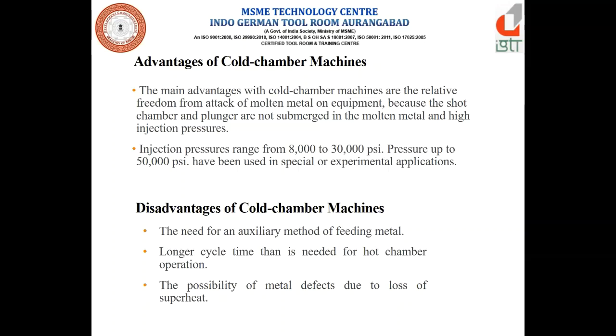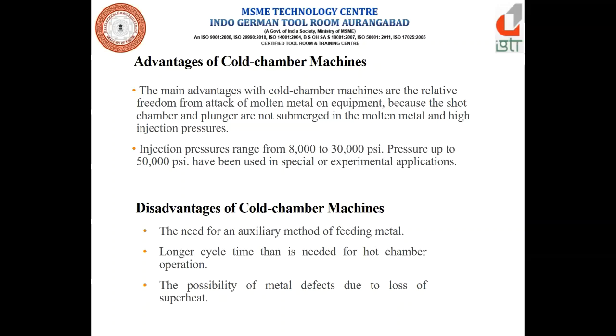The disadvantages of cold chamber machines are the need of an auxiliary method of feeding metal, because we have to apply some extra system to transfer the molten metal from the furnace to the machine system. So this will lead to a longer cycle time as compared to hot chamber operation.